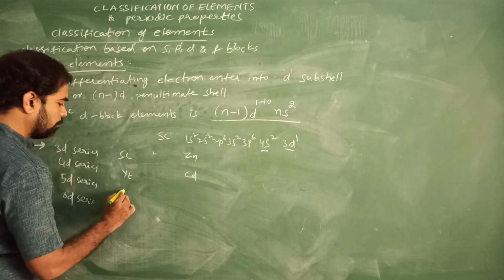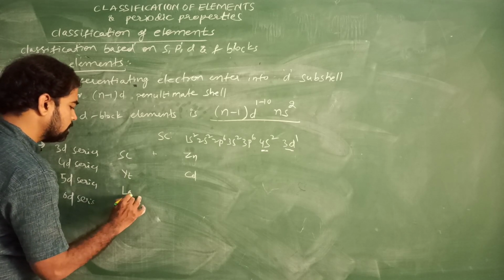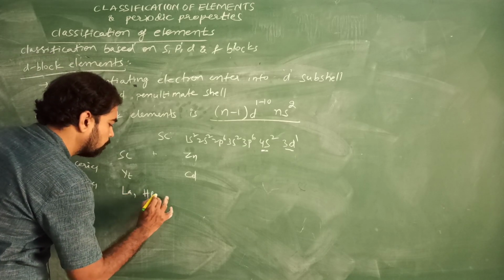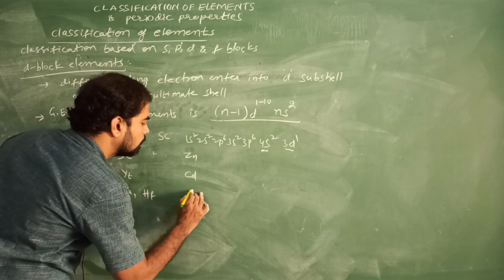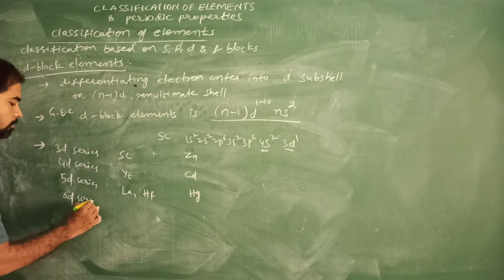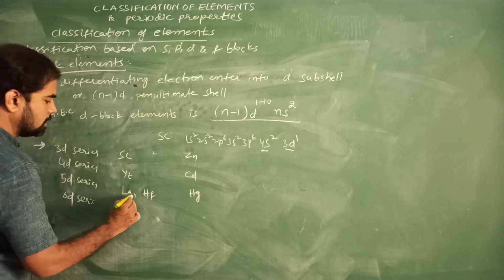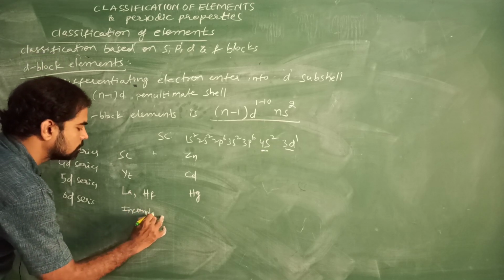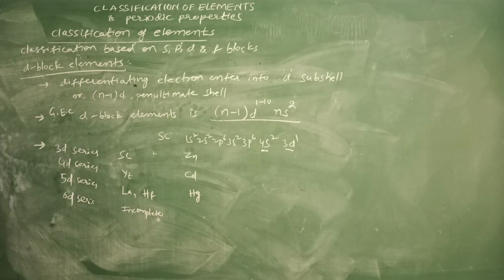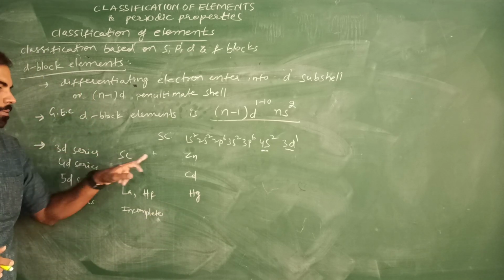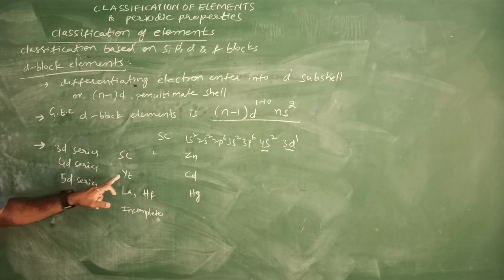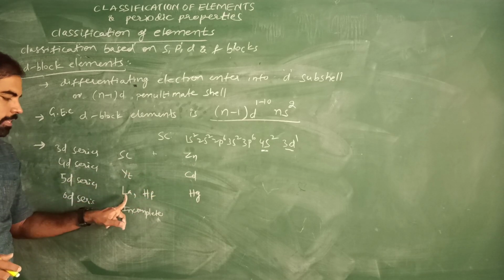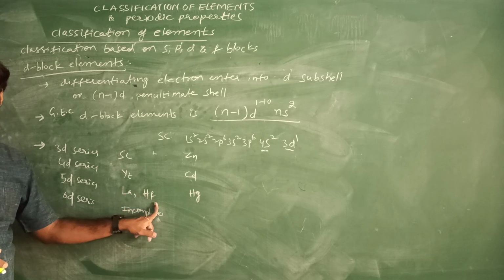The 5d series is lanthanum, hafnium to mercury, whereas the 6d series is incomplete. Remember, the 3d series starts with scandium and ends with zinc. The 4d series is yttrium to cadmium. The 5d series starts with lanthanum and the next is hafnium.